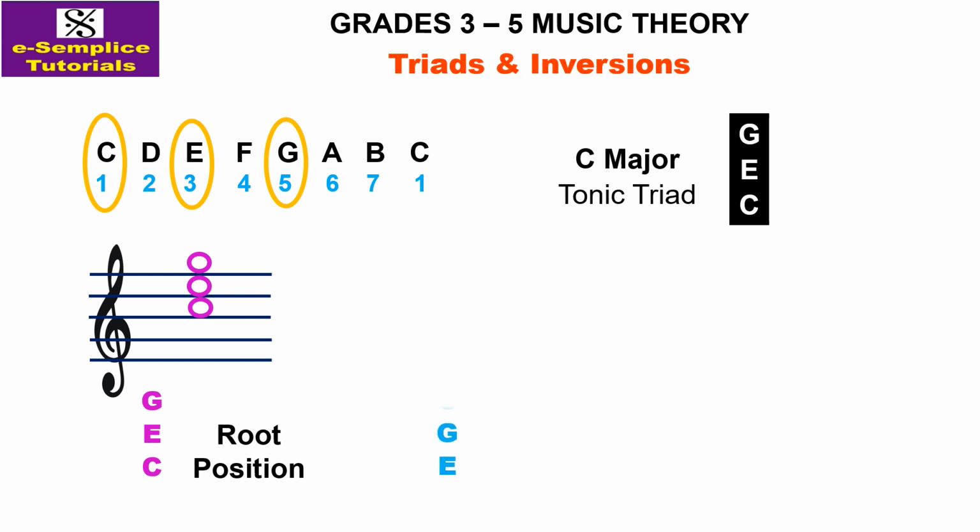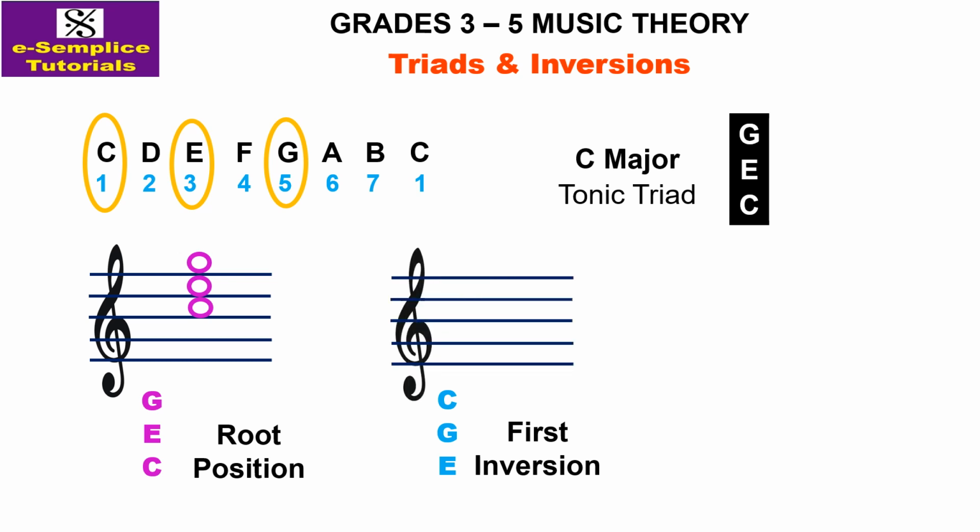Now let's look at the first inversion. As you can see, first inversion, the middle note, the third, is now at the bottom. Let's put this on the stave and see how it looks.